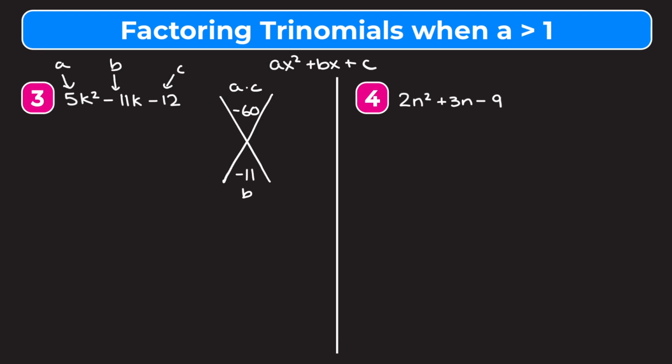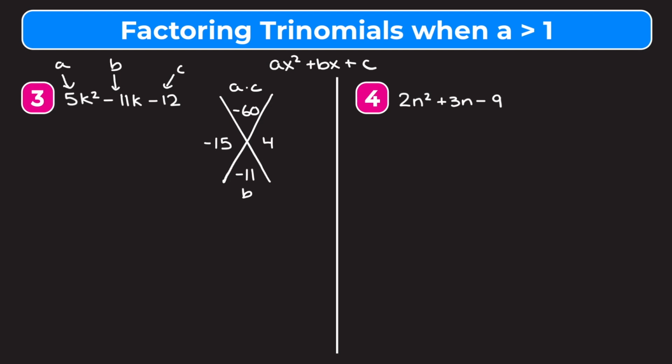So now we need two numbers that multiply to negative 60 that add to negative 11. So those numbers are going to be negative 15 and positive 4. So take a second and think about that. So negative 15 times 4 is negative 60, and negative 15 plus 4 is negative 11.